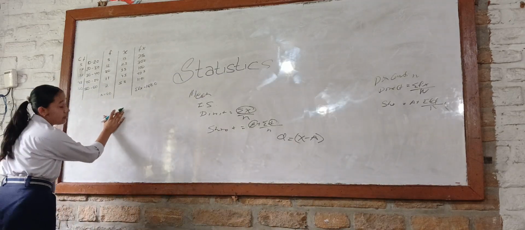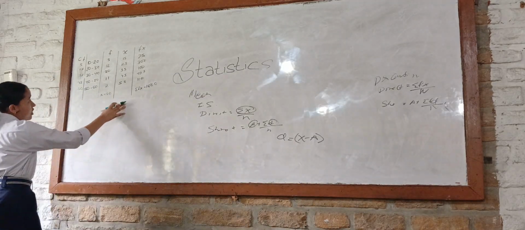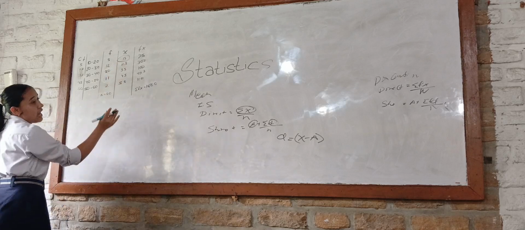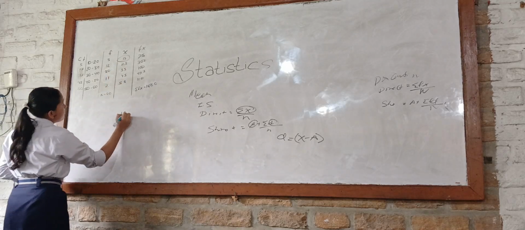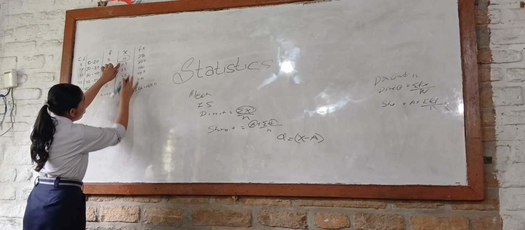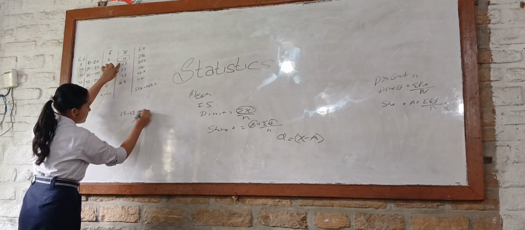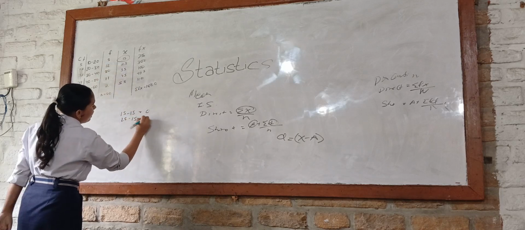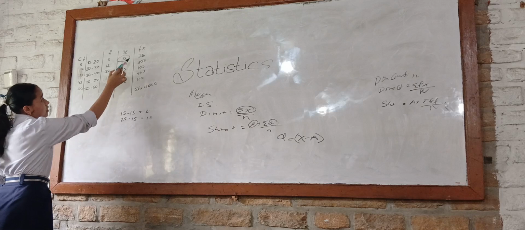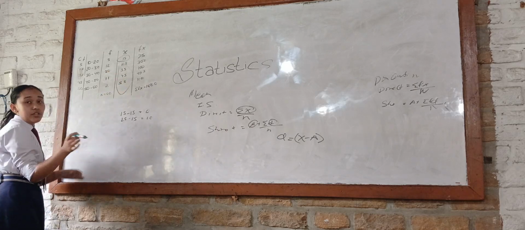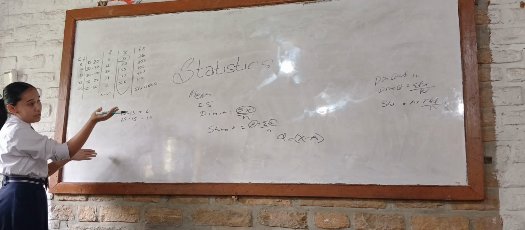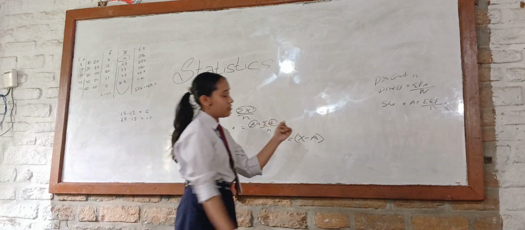We need to assume a mean because we are not given a mean. So let's assume 15 as a mean. Then we have to find the d like this, just minus the number from this one. And like that, when you get all the numbers of d, then you can add them up and just put it into the formula and solve it.